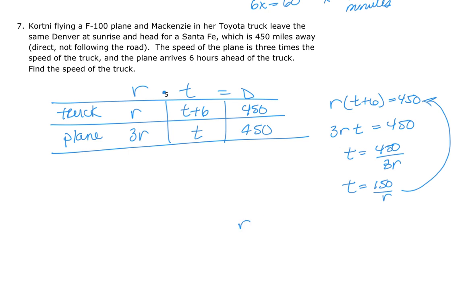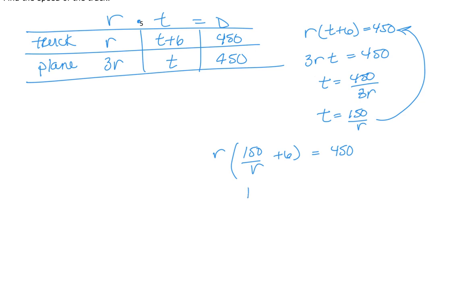So I have R multiplied by (150 divided by R plus 6) is equal to 450. Distributing the R, I get 150 plus 6R is equal to 450. So 6R is equal to 300. So R is equal to 50 miles per hour.